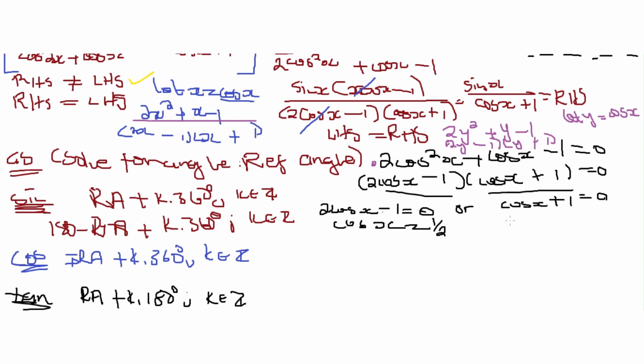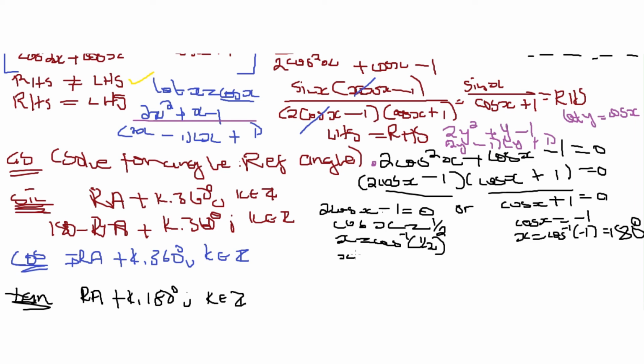And then this side you get cos x is equal to negative 1. Then your x this side is going to be cos inverse of negative 1. You can simply do it, it becomes 180 degrees, right? And then this one, where you take cos to the other side, it's going to be cos inverse of 1 over 2.